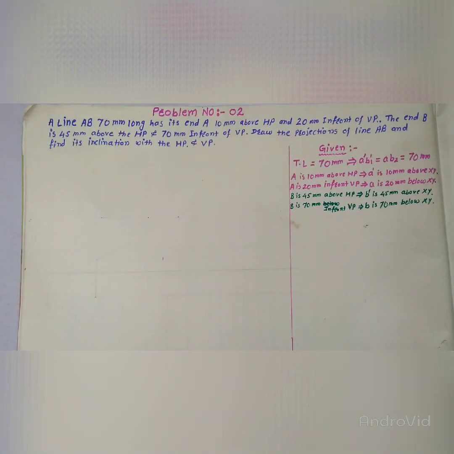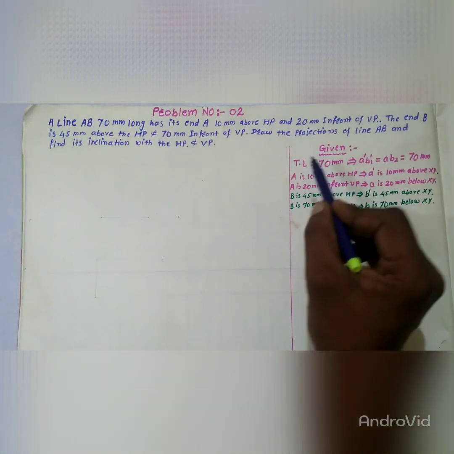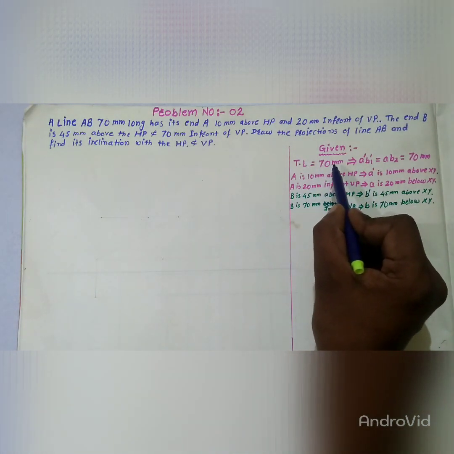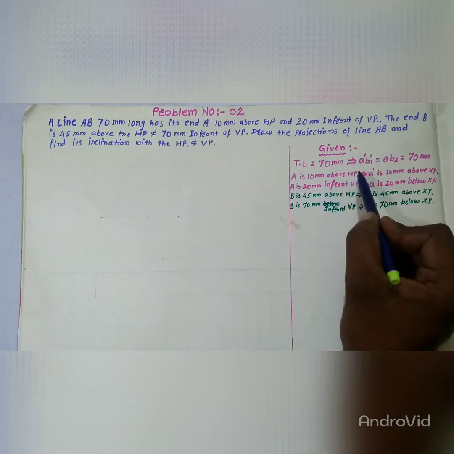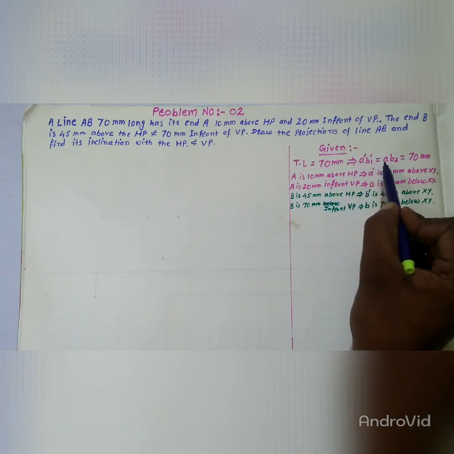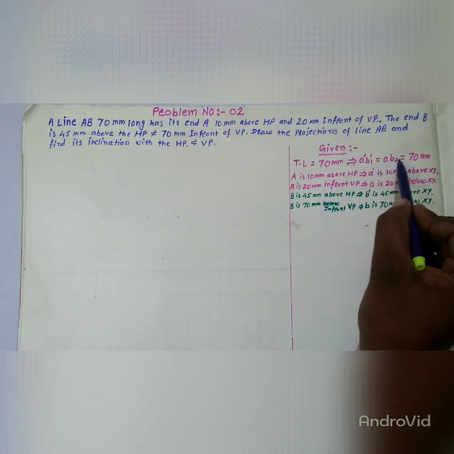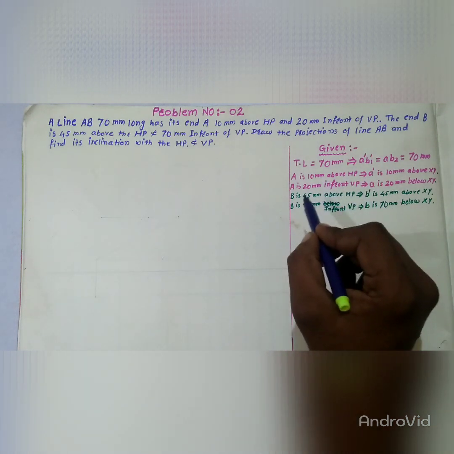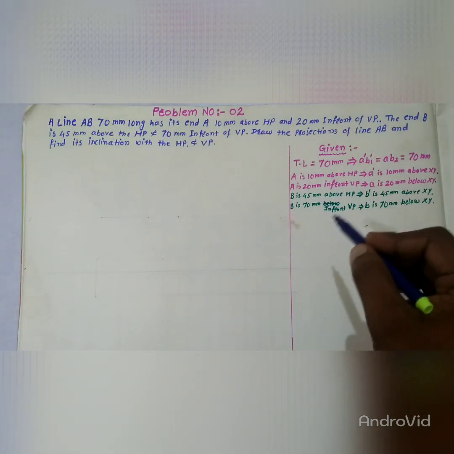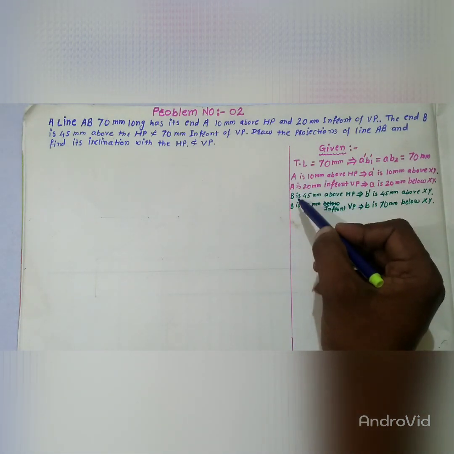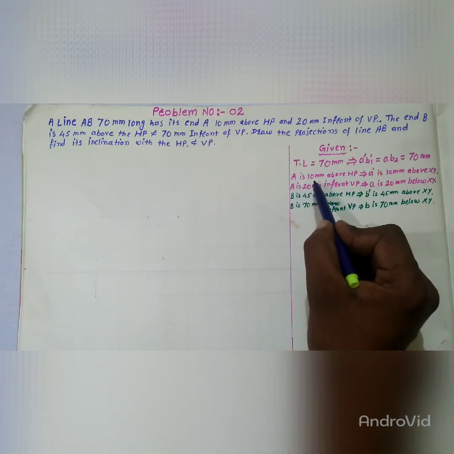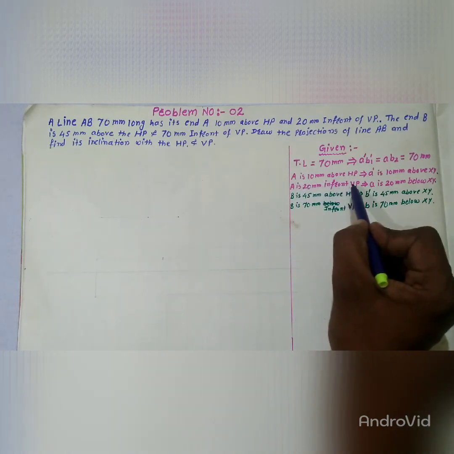Now the given data is: true length is given, that is 70 mm. That means A'B1' equals AB2 is 70 mm, and we have been given the location of points A and B. Location of A is 10 mm above HP and 20 mm in front of VP.